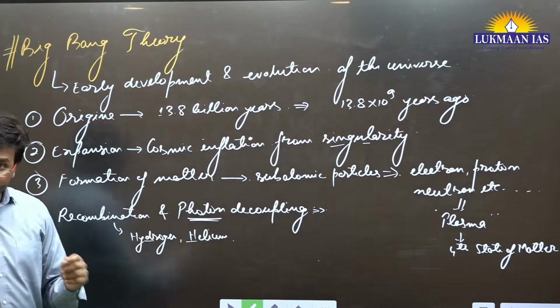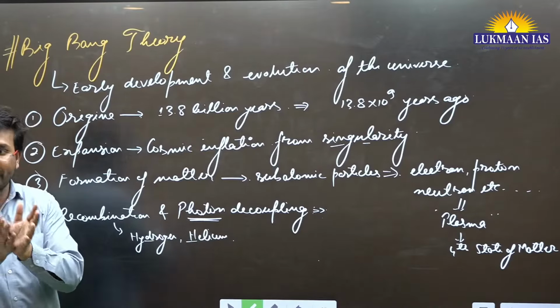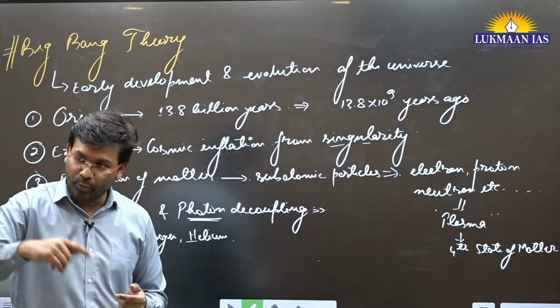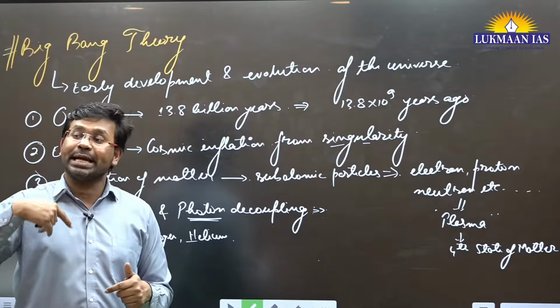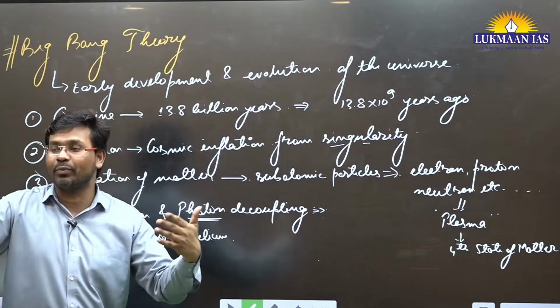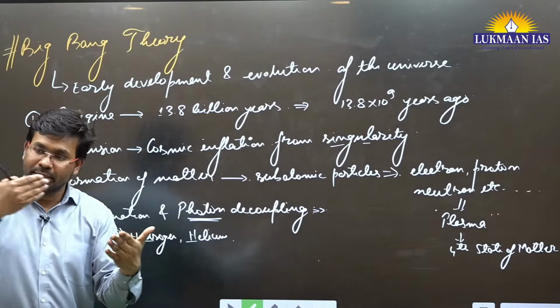So photons can be generated. If you have a light source and you turn it on, light is generated. Photons can be generated, and photons can get destroyed also. But to get destroyed, they have to interact with some kind of matter.